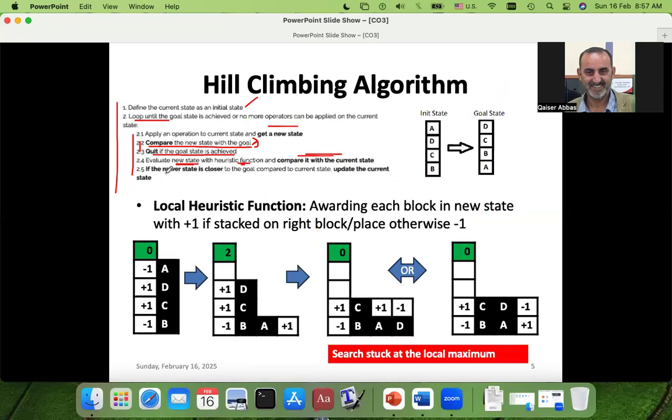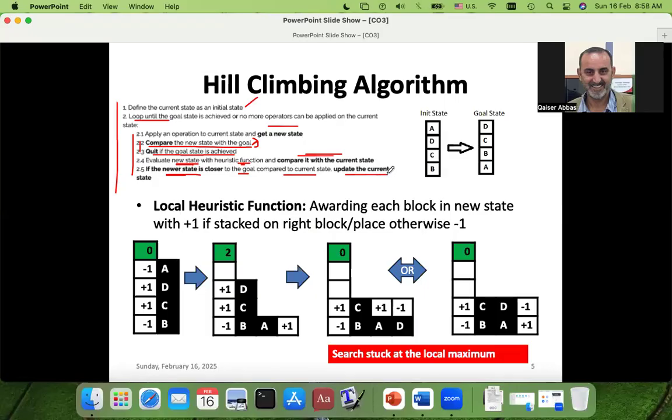And then you are checking if the new state, the neighbor, is closer to the goal compared to the current state. What it means is that the neighbor state has given you improvement. If you have that improvement, update the current state.